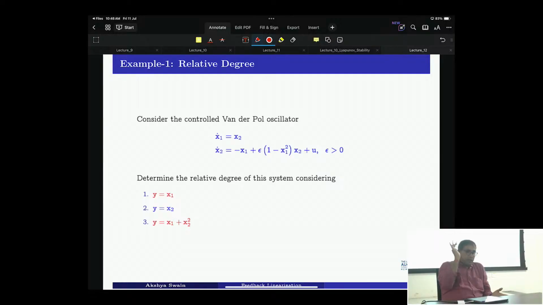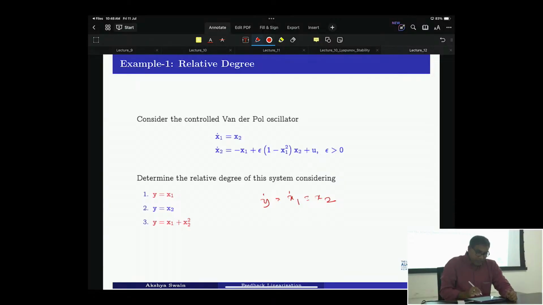Right? Now Y is equal to X1. Let us do it. Differentiate Y. So what is Y dot? It is equal to X1 dot, right? Y is equal to X1, so Y dot, I am differentiating once, X1 dot. What is X1 dot? See the equation. That is equal to X2. Is U appearing? U is not appearing, right?